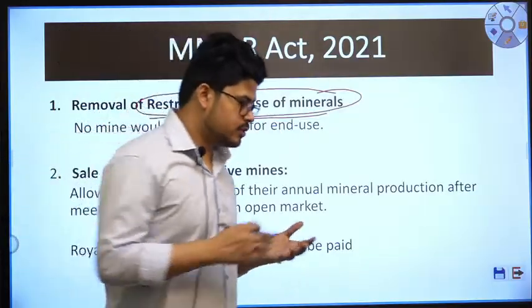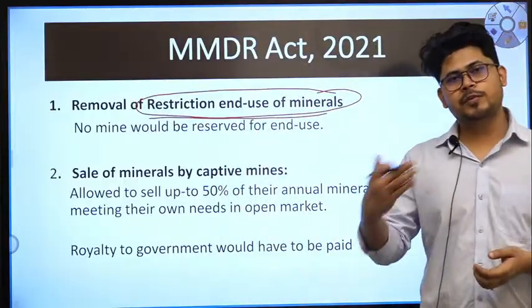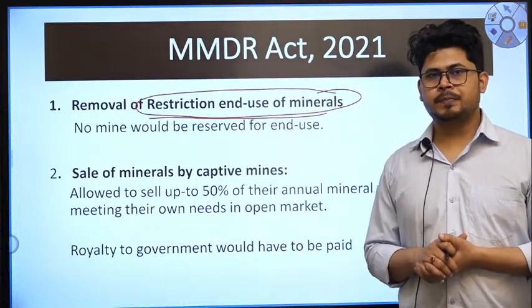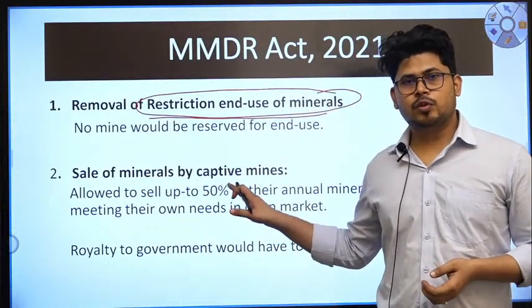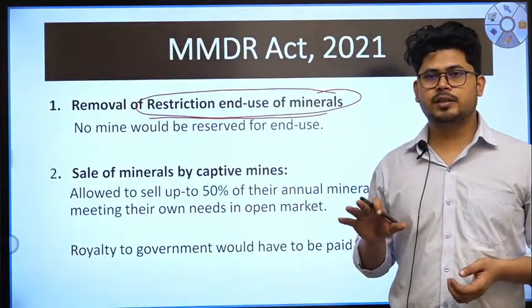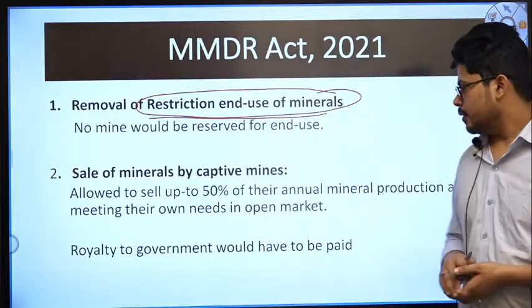Okay, now the captive mines have been allowed to sell up to 50% into the open market after fulfilling their own need. But earlier, what was the provision, that the royalty was not granted to the government. Okay, now royalty to the government will have to be paid.